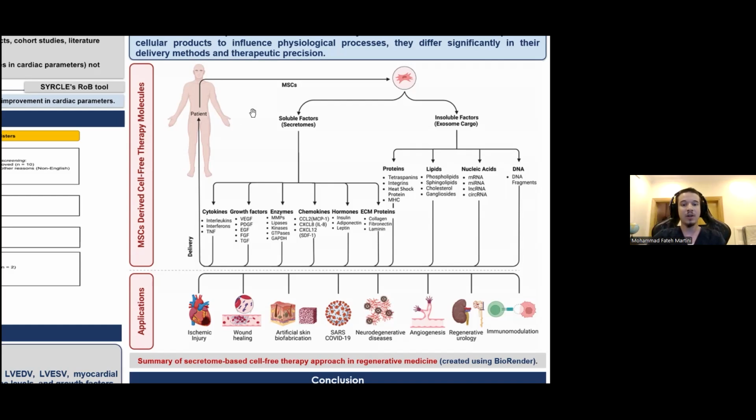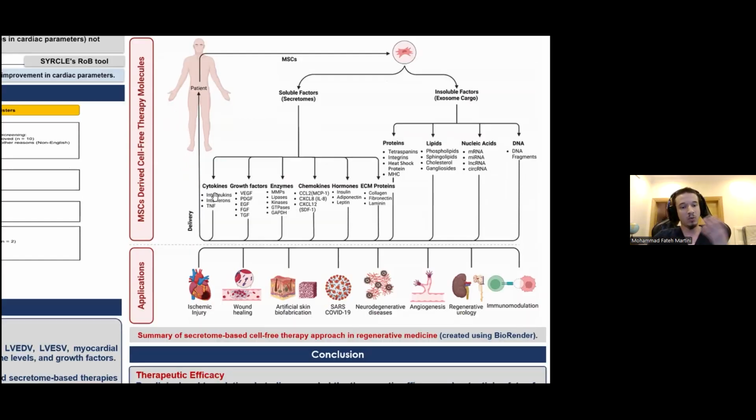We can see here the soluble factors, the secretome, subcategorized into six subgroups: cytokines, growth factors, enzymes, chemokines, hormones, and extracellular matrix proteins, and also others. Their applications include ischemic injuries, wound healing, artificial skin biofabrication, COVID-19, acute respiratory distress syndrome, and others.